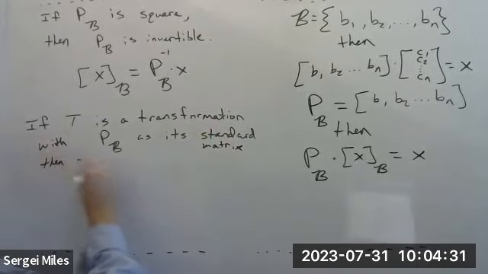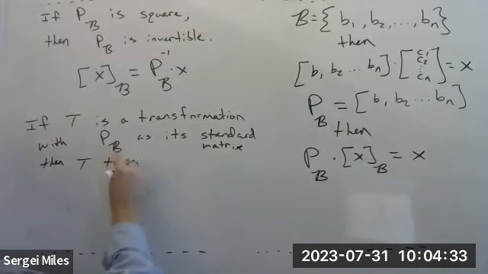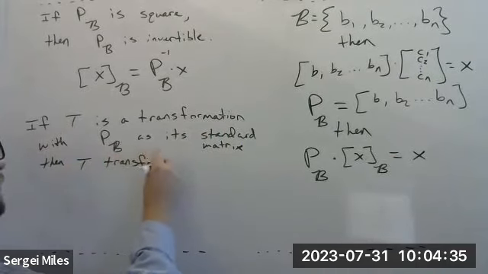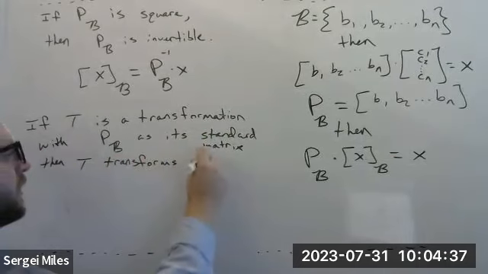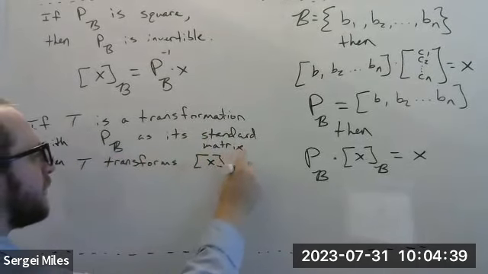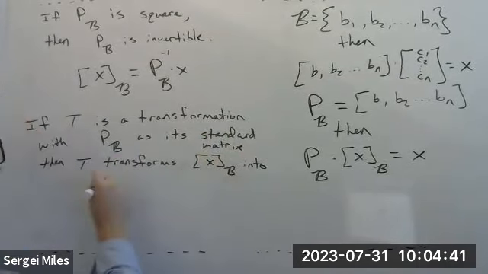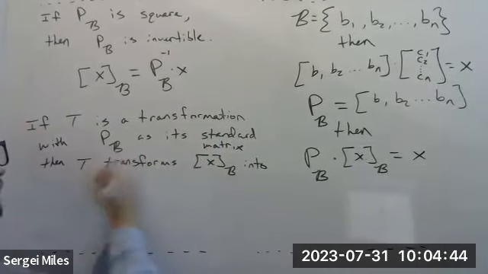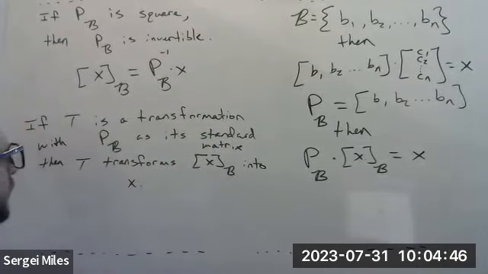Then T transforms the B coordinate vectors back into the original X vector, right?